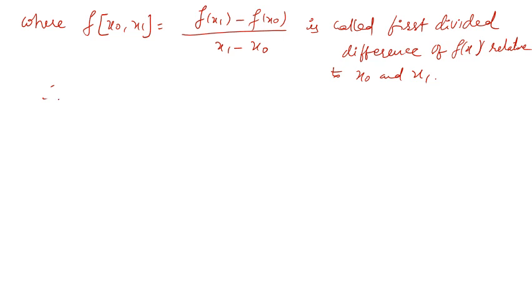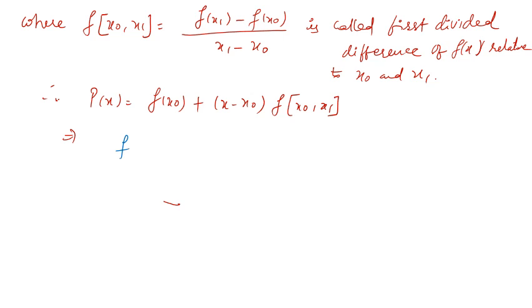Therefore the difference formula, now I can write what is this one. Therefore p of x equal to f of x naught plus x minus x naught into f of x naught, x1, from this I can write f of x naught, x1. f of x naught, x1 is what? p of x minus f of x naught by x minus x naught.